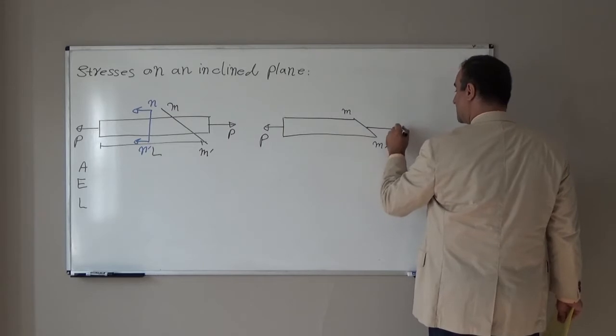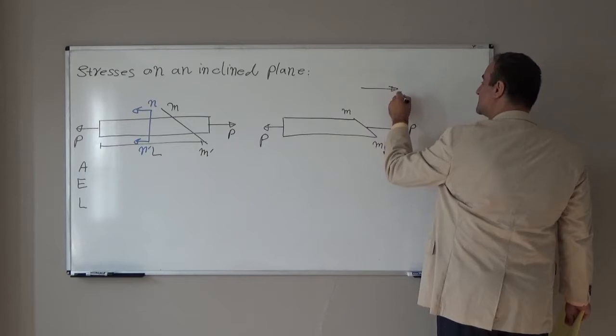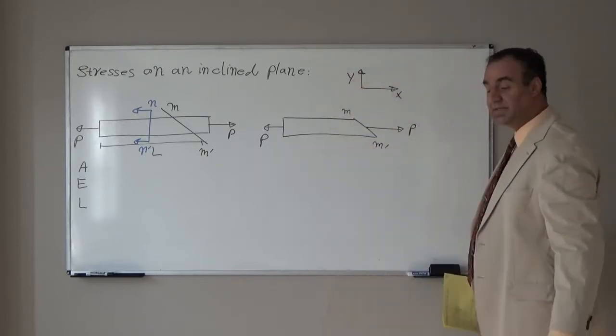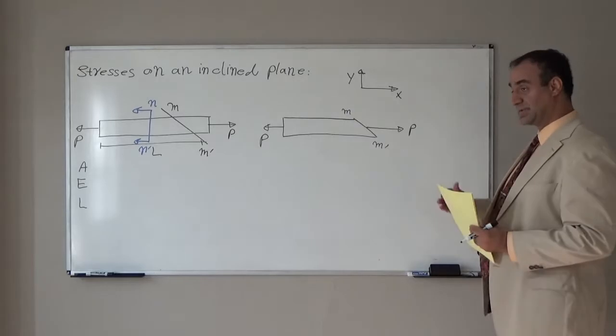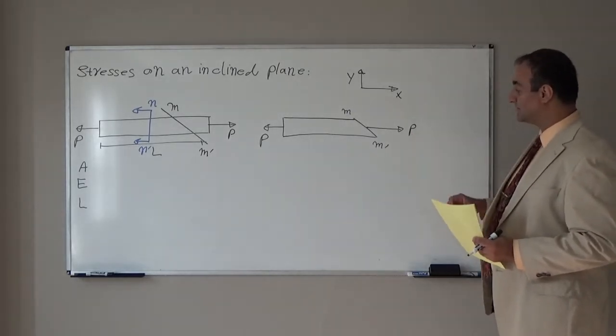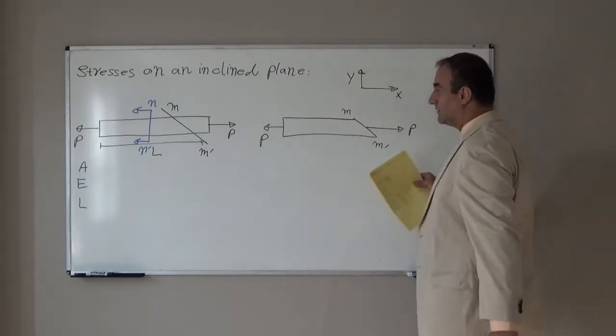If this is the X direction and this is the Y direction, the internal force will be P in the X direction, in the axial direction. This force will be P.